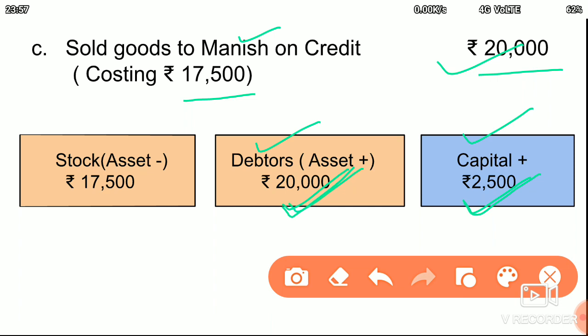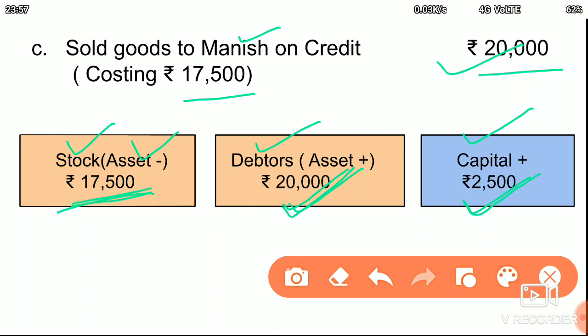On the other hand, the goods were sold, so the stock account also will get affected because the goods are going out from the business and this is an asset, it will decrease. But we should be careful here that we should decrease the stock not with the selling price but with the cost price. When the goods were purchased for selling in a business, it was recorded at the cost price.